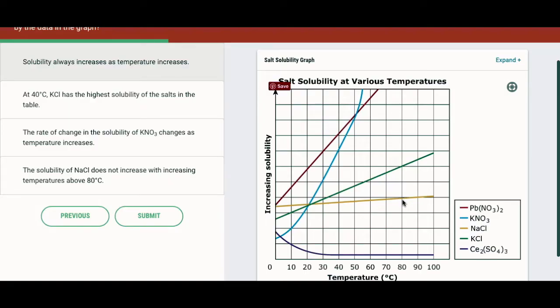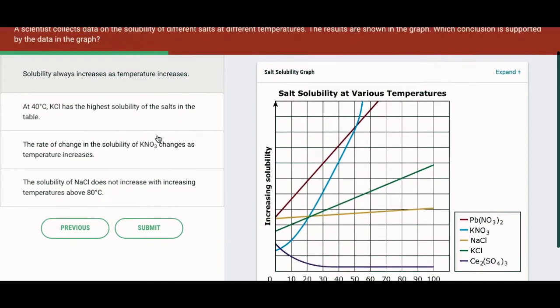If the temperature is at 80 degrees and we crank that up to 90 and then up to 100, we do see that the solubility is increasing. It's not that much of an increase, but it is an increase. So this answer choice is false.